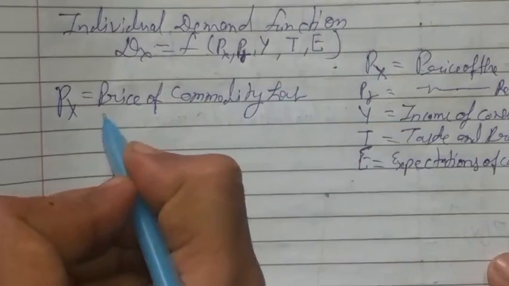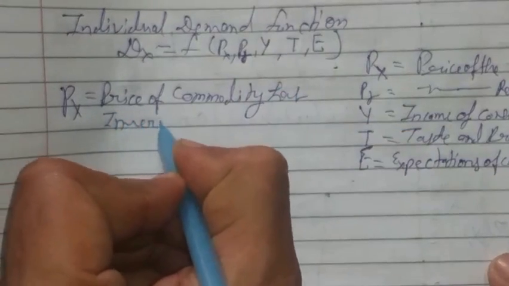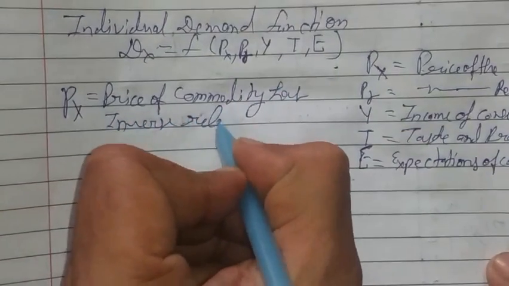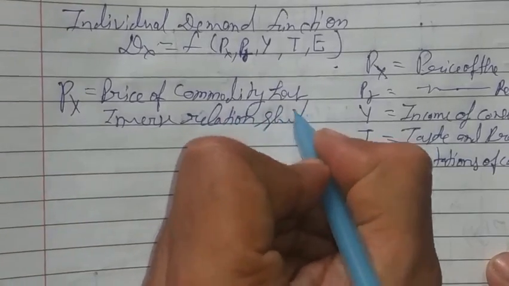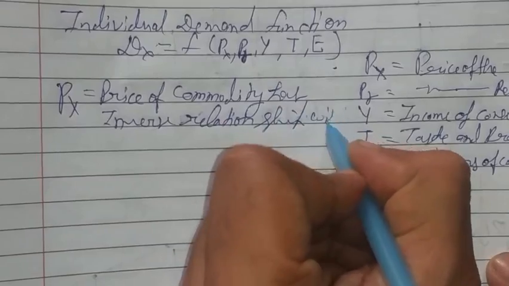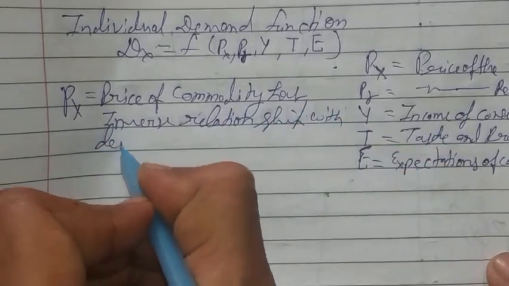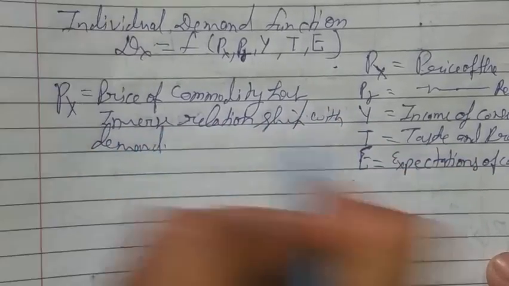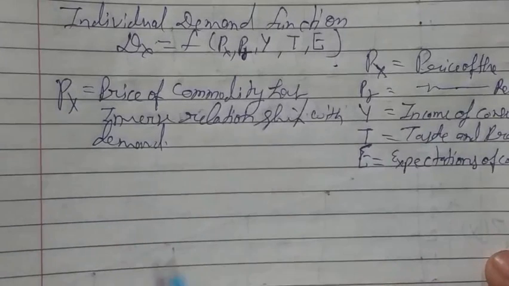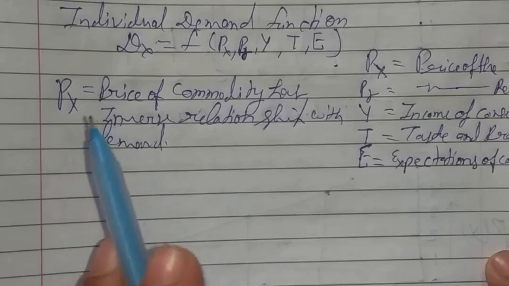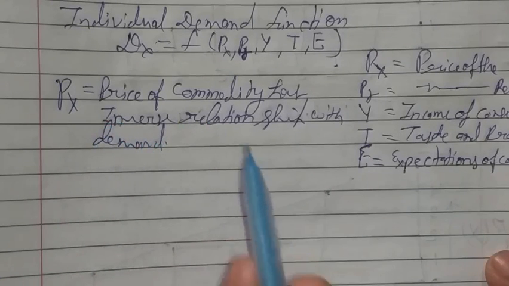So it has an inverse relationship with demand. This we have seen in the last videos also. This is the key determinant of demand. It depends basically on the price.